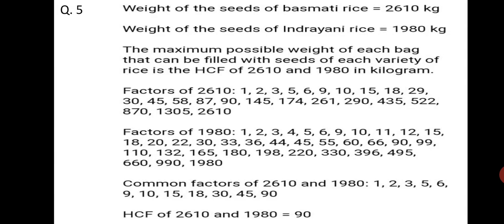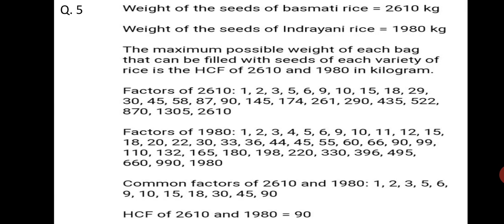Once you find the factors, you write the common factors of 2610 and 1980, which are 1, 2, 3, 5, 6, 9, 10, 15, 18, 30, 45, 90.